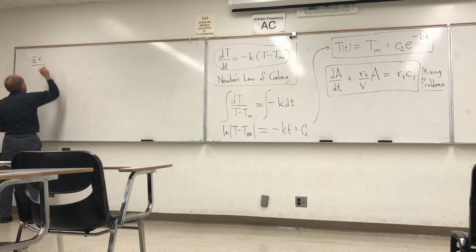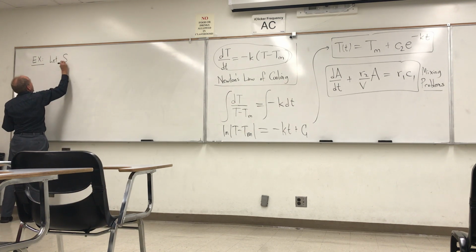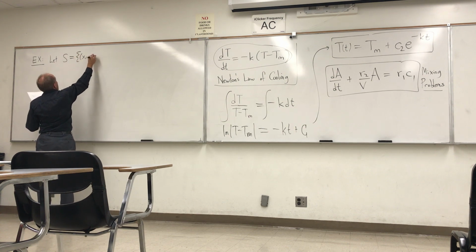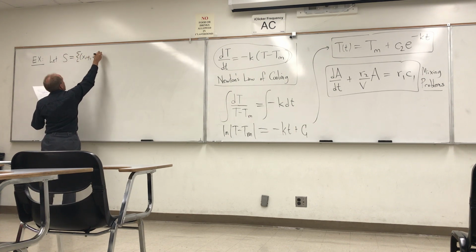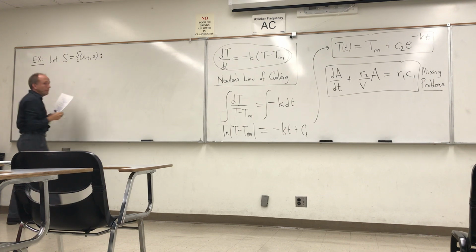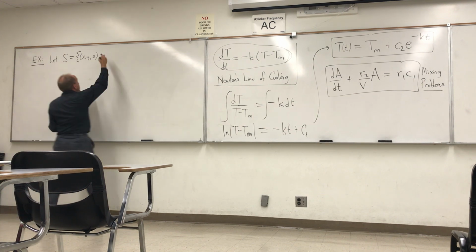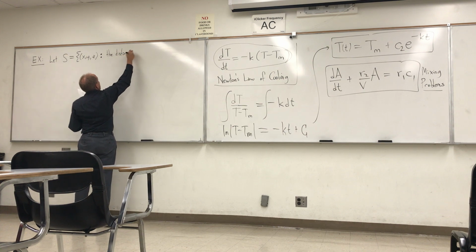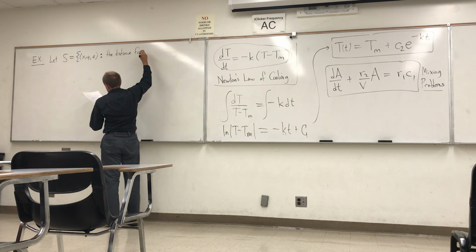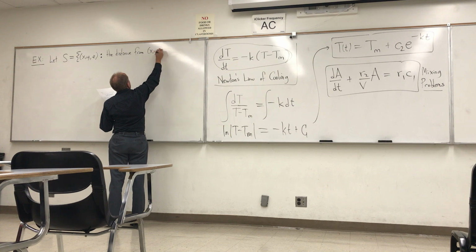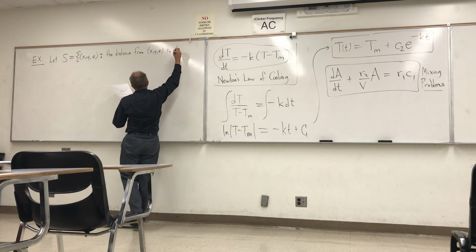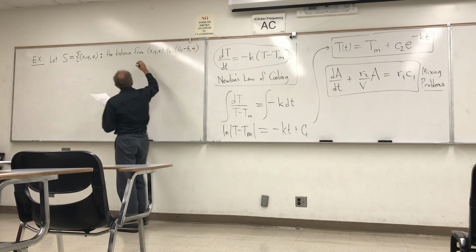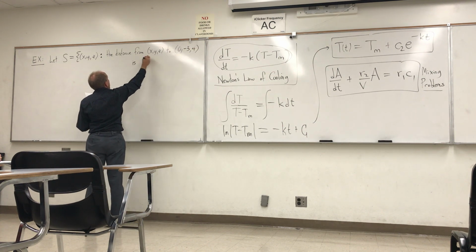So here it is. Let S be the set of (x, y, z) such that the distance from (x, y, z) to the point (0, -3, 4) is 5.